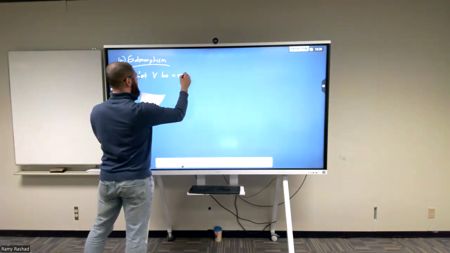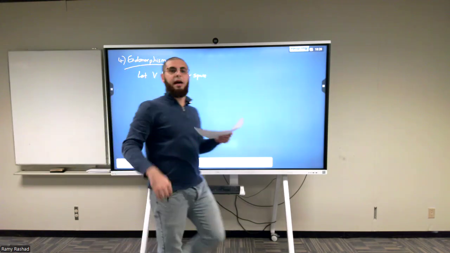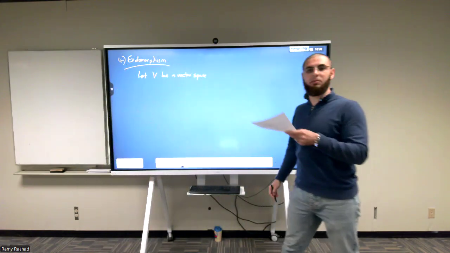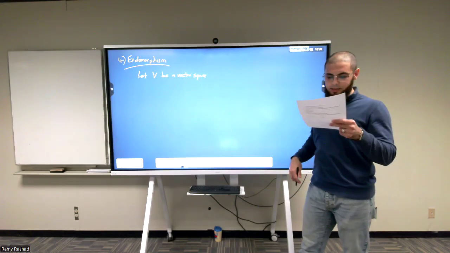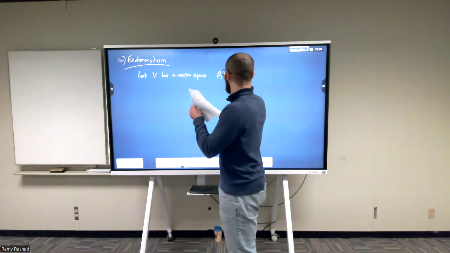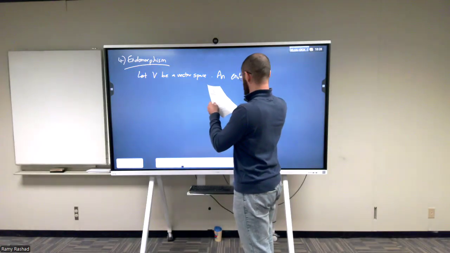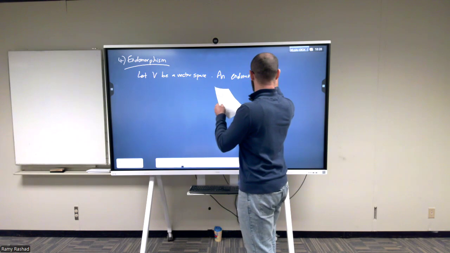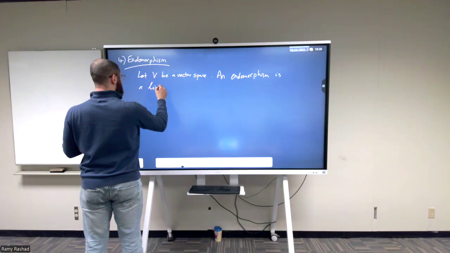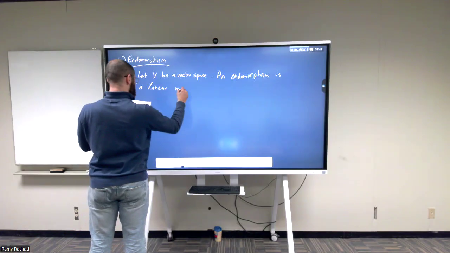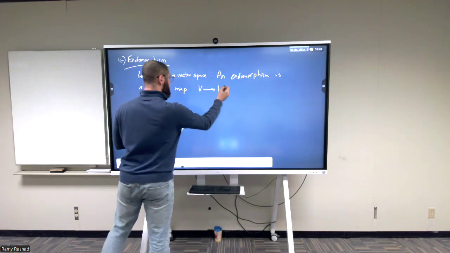And when I say this, I already imply there are some operations with it, and I also imply that there is some field that comes with it. You can always generalize this. So an endomorphism is a linear map that goes from V to V.